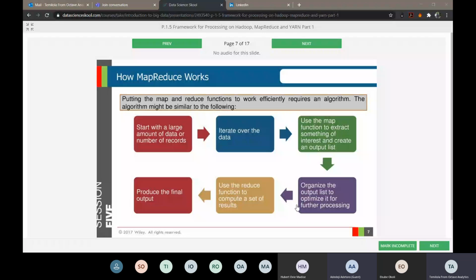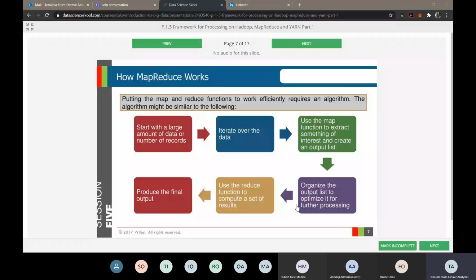There was a question we're supposed to answer at the end of the analysis. So without the reduce function, we can't answer that question. Yes, exactly. But some operations will not even need the reduce function. That's what I'm just trying to explain to you. Okay, I will try to get an example on that.